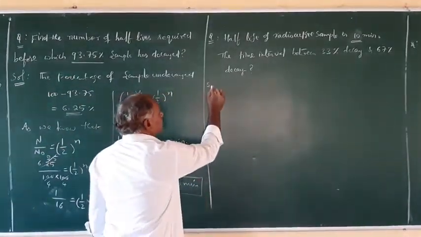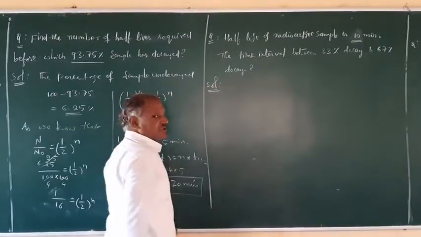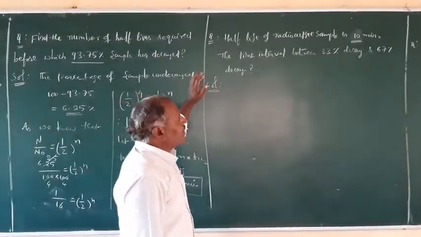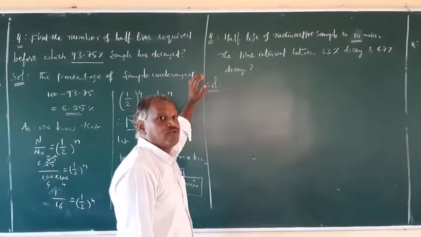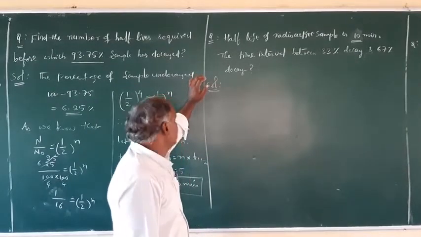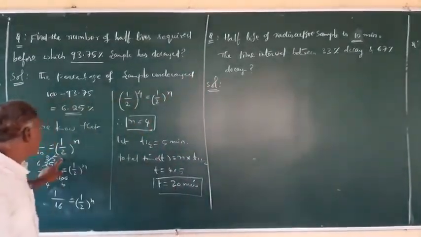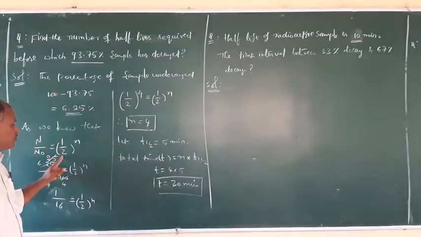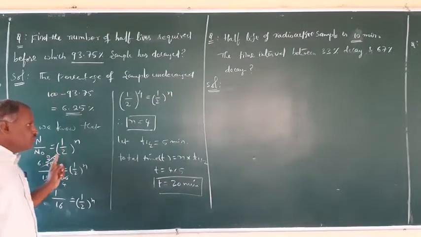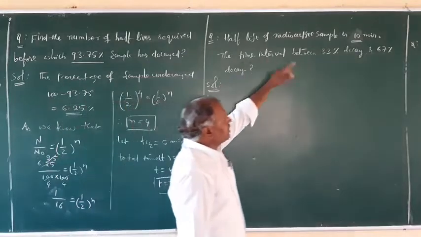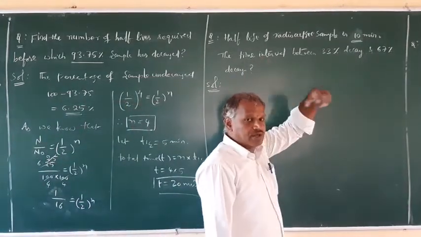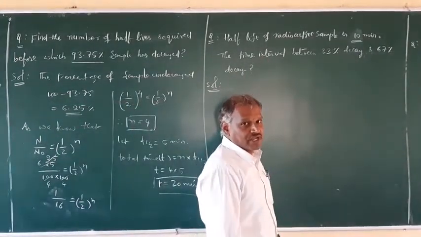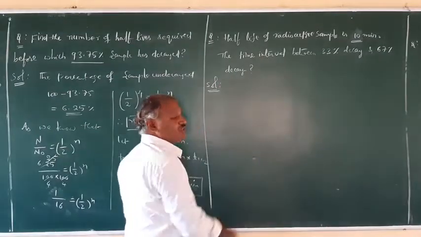So for this, just observe the rate. You know the fraction of undecayed nuclei. We already wrote it here, just now used in the previous problem. We used this ratio, so use this equation also for the decay of 33%. The fraction of undecayed for both the decays, correct?